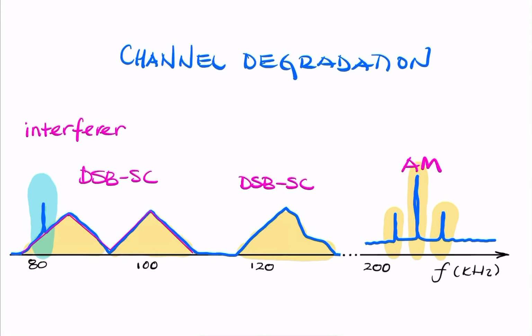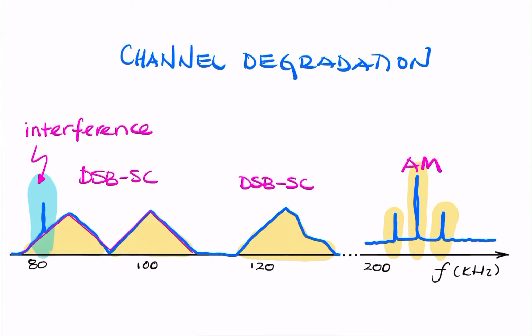So it's some frequency around 85 kilohertz that's interfering with the lower sideband. We don't see the same thing here, so it's clearly not part of the original message. It's something that's interfering with the signal, and that's come from the channel. So that's a channel degradation effect.